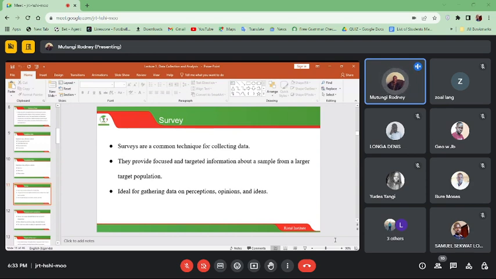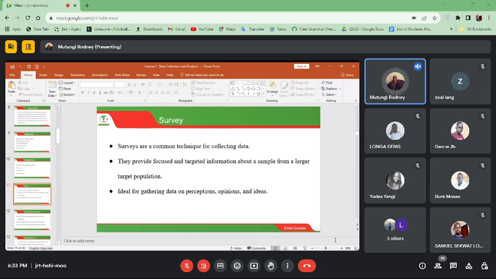Like I said, if you have the target population of people maybe in a town in South Sudan, and they are 1,000. Now you've made a sample of 100 through the sampling methods that we are going to see. Then now you can ask these people by administering survey tools like a questionnaire.